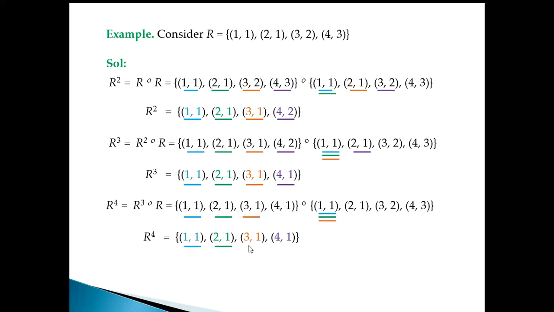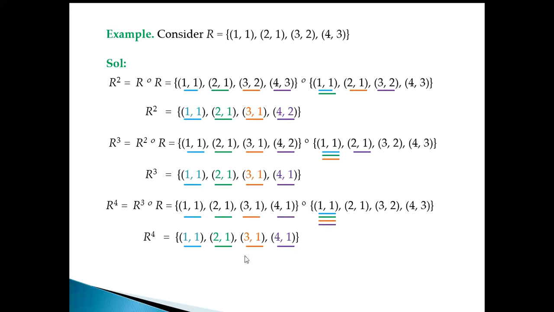So now our next ordered pair is 3 is related to 1. Next, we see here 4 is related to 1. Again, 1 is related to 1. So now our next element is also 4 is related to 1. So like that, we can calculate any power of the R by the composition, right?